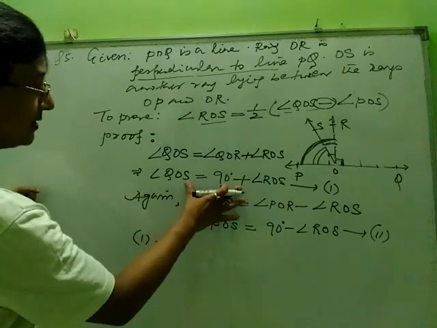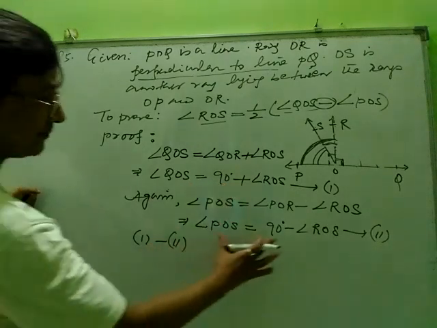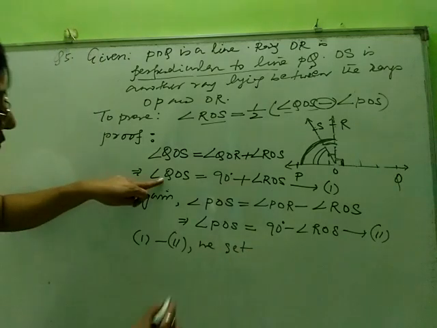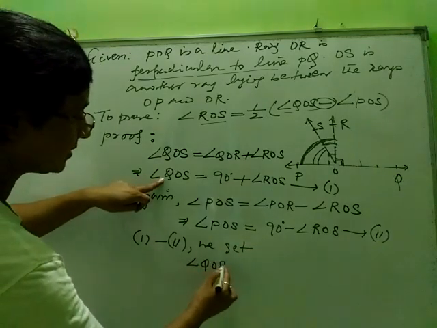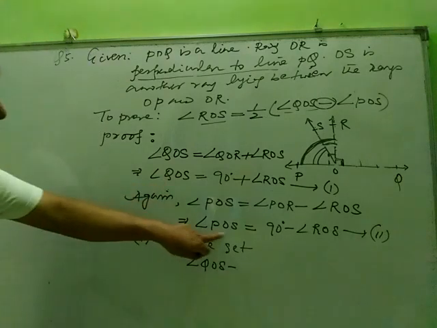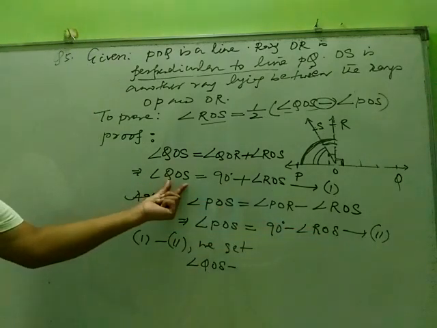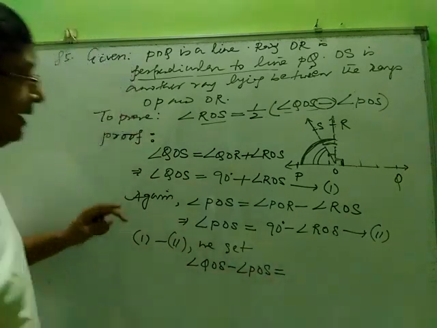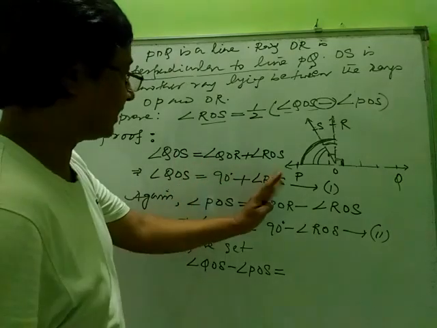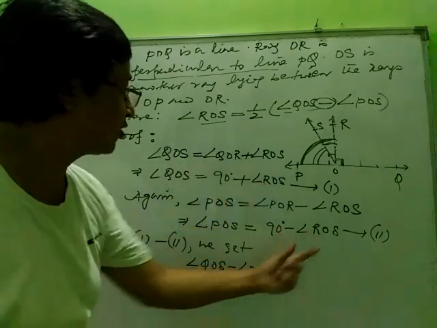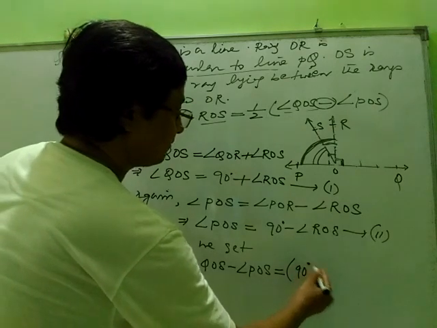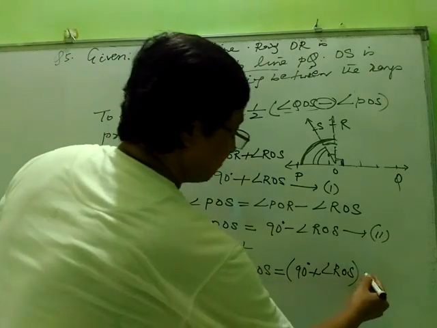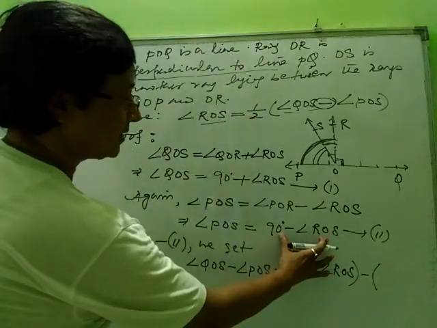So angle QOS minus angle POS equals, on the right side, equation 1 minus equation 2. So it will be 90 degrees plus angle ROS, equation 1, minus equation 2. So this is 2.